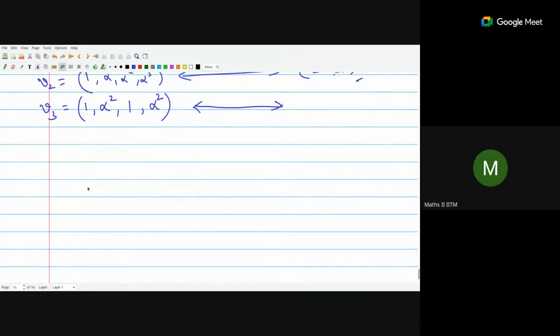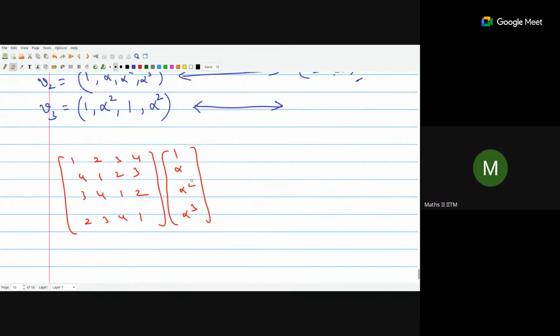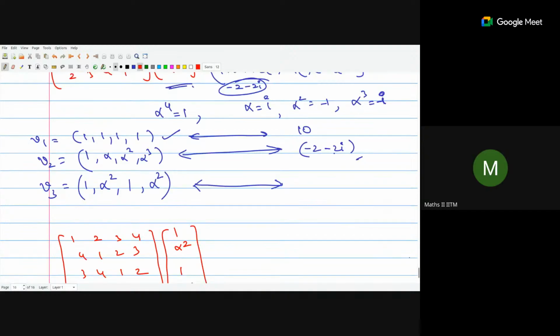So you take this now. This is alpha square, this is 1. When I say alpha square, alpha cube, I mean that alpha is i here. So 1, i, minus 1, minus i is one eigenvector, and 1, minus 1, 1, minus 1 is another eigenvector.